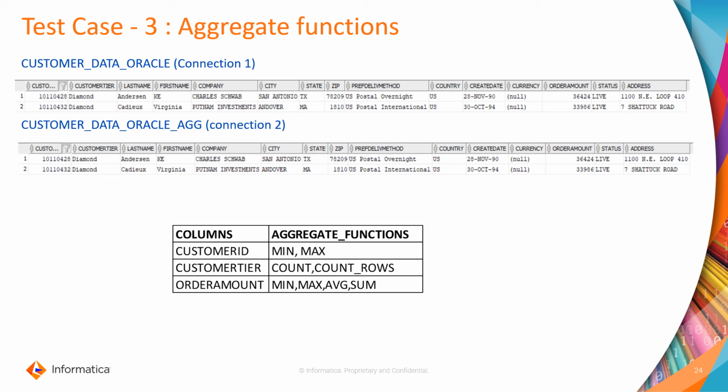So for example, for customer ID, we can do min and max. For customer tier, we might want to do count of rows. And for order amount, we can do min amount, max amount, average amount, sum of the total, etc.